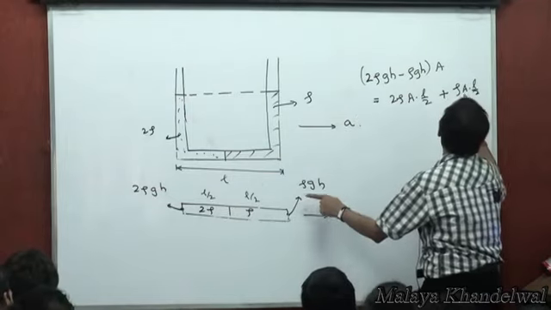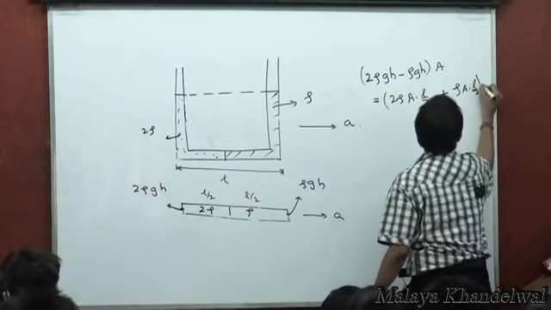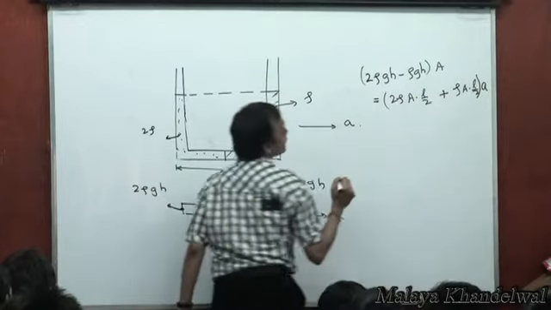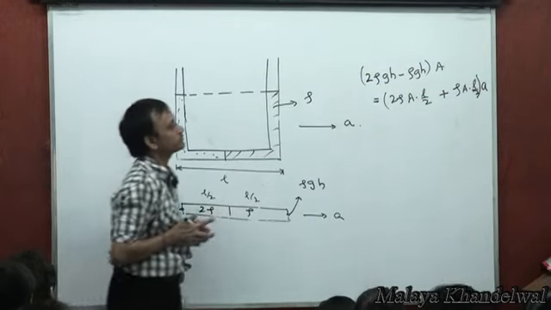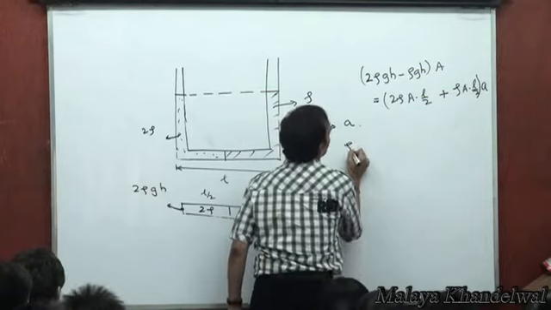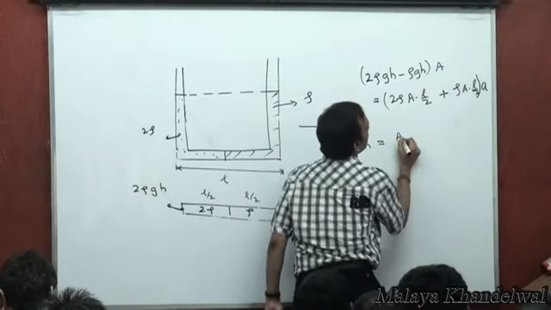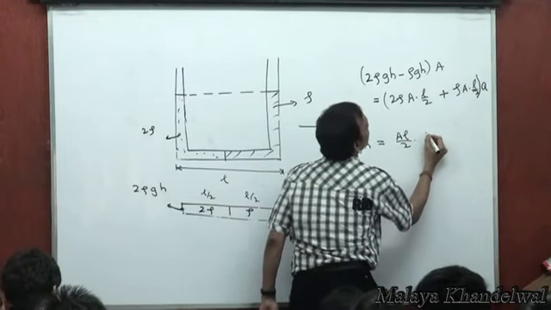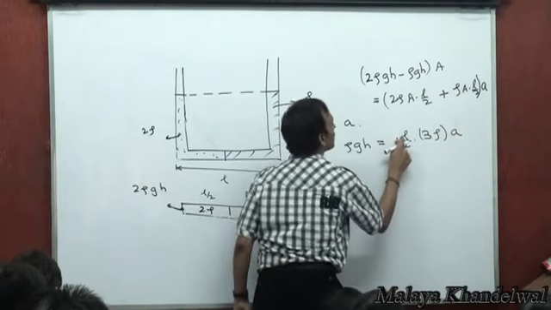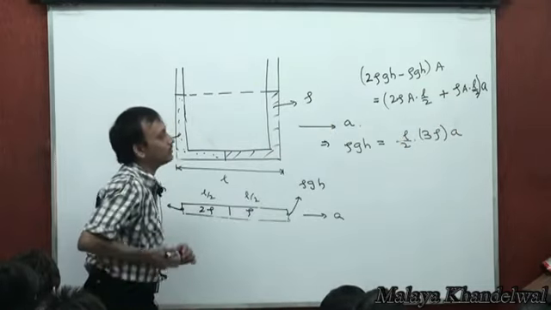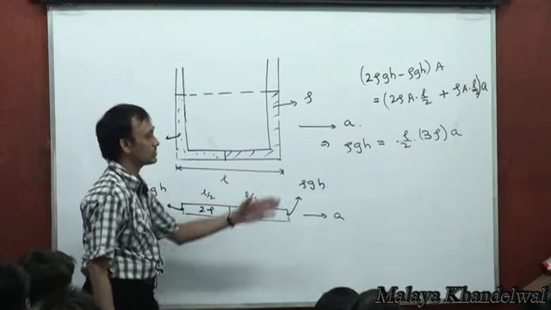This into acceleration A, this into acceleration A. So we have rho GH equal to A into L/2 into 3 rho into acceleration A. A cut गया. L/2 into 3 rho into A. That's rho GH.